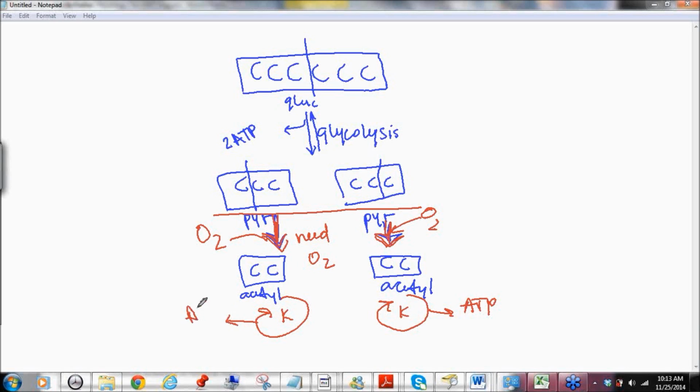That is followed by the electron transport chain, which yields 17 more ATPs on each side. So 17 ATPs here and 17 ATPs here.